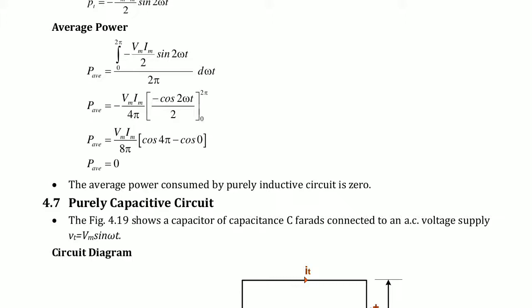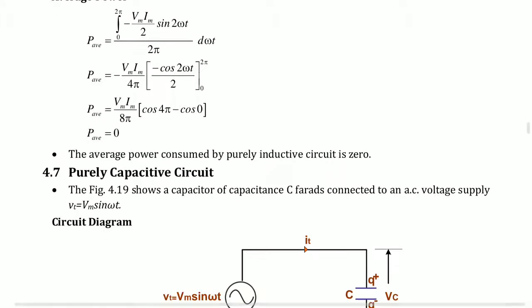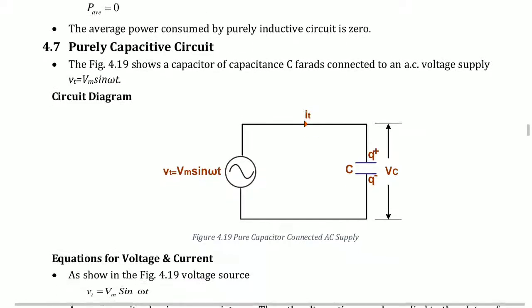In a pure resistive circuit also, if the supply frequency is 50 hertz, the power frequency is 100 hertz. So the frequency is doubled in the power. Average power is 0 in pure inductive circuits.